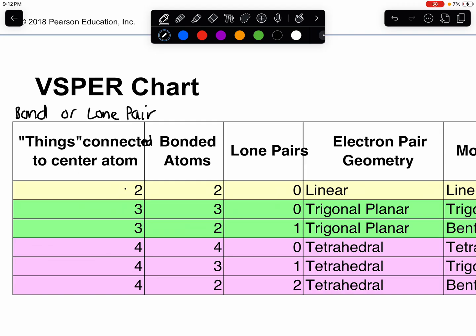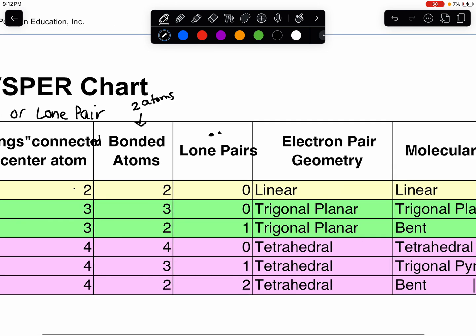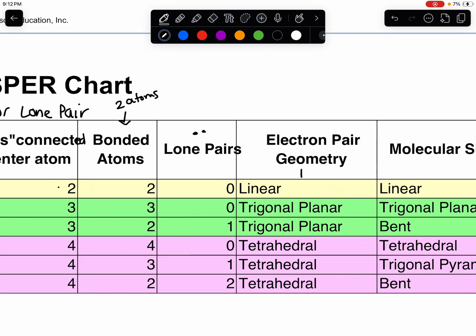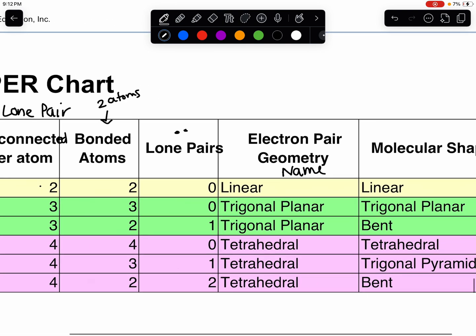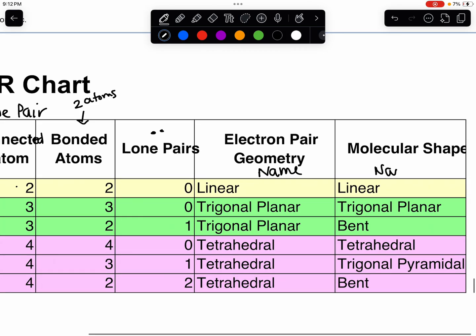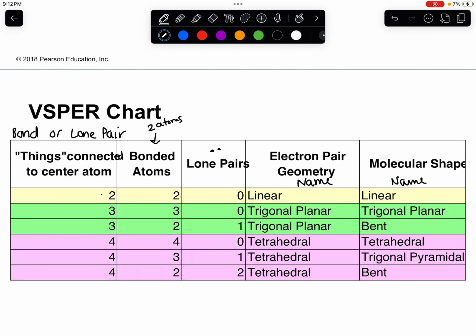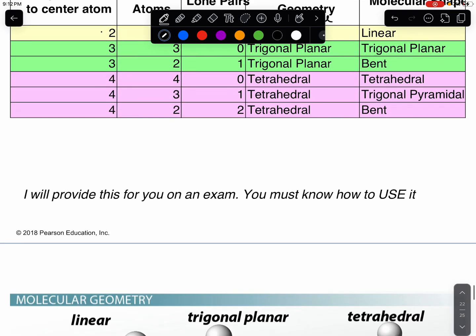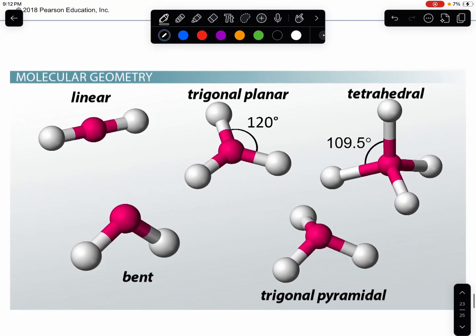We're only looking at 2, 3, and 4. Bonded atoms are basically two atoms bonded together. And a lone pair, we know, has the two little dots. And then this is the electron pair geometry name you're going to reference, and then this is the molecular shape name you're going to be using. Okay, so you're going to rely upon this chart a lot. I will teach you how to utilize it here in the next couple of steps.